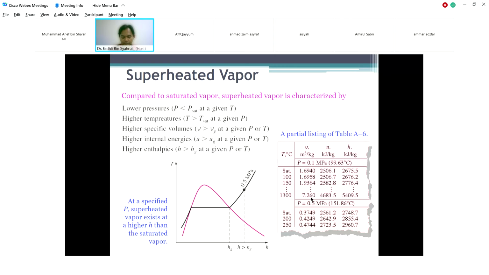After that, find the temperature 200. On the left side, the first column, that is the value of the temperature. At 200 degrees C, find the specific volume. So the value is 0.26088.